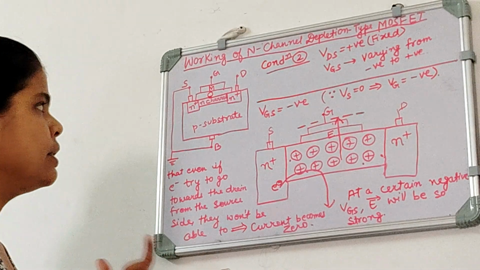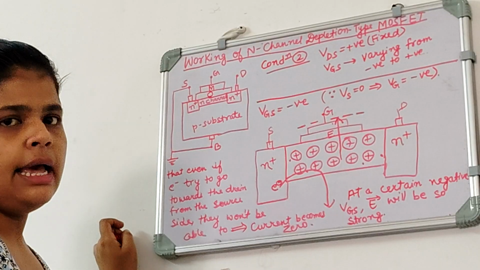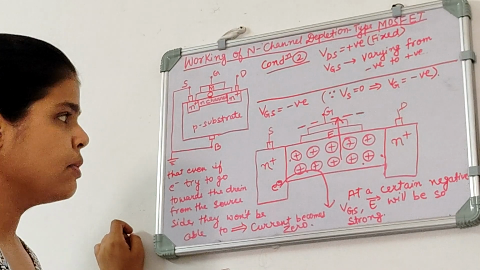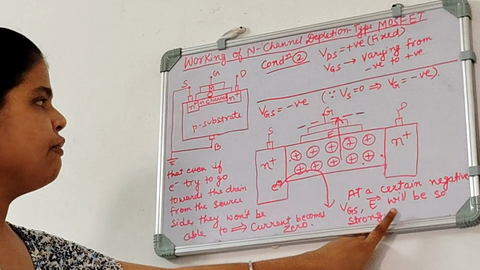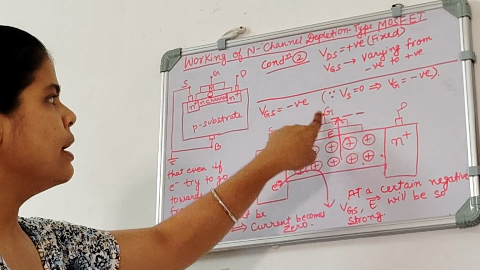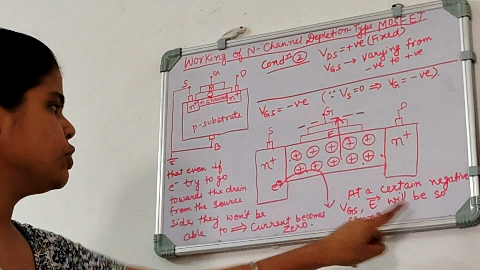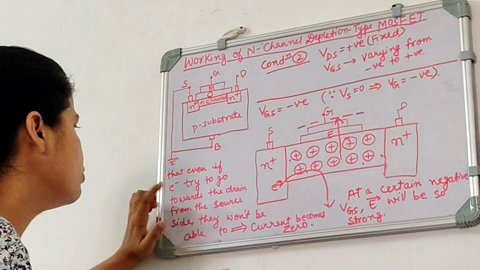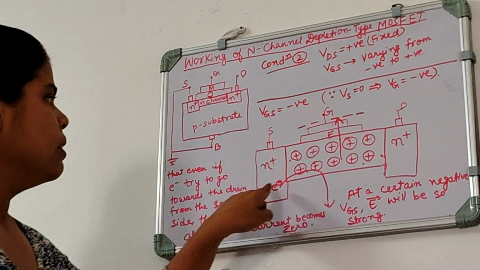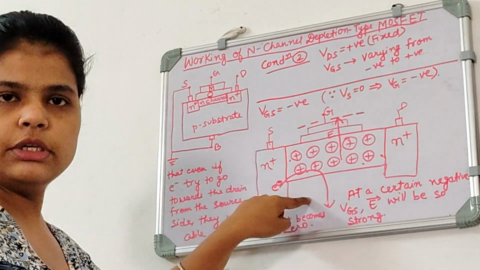Now if we keep on increasing VGS in the negative direction, our current will keep on decreasing, and there will be a certain negative VGS value for which this electric field will be so strong that even if electrons try to go towards the drain from the source side, they won't be able to, because they will be moved in this direction.